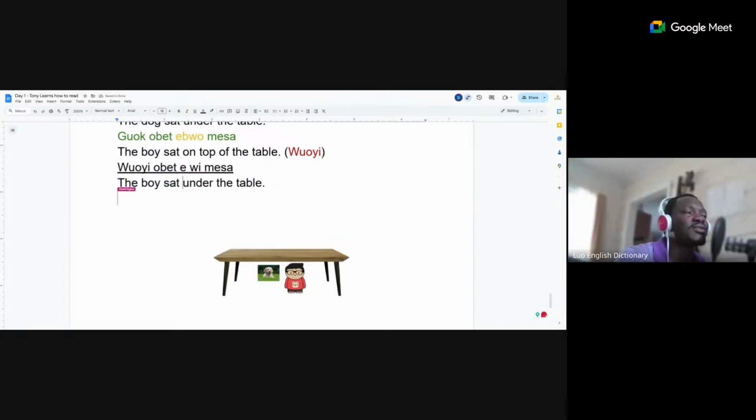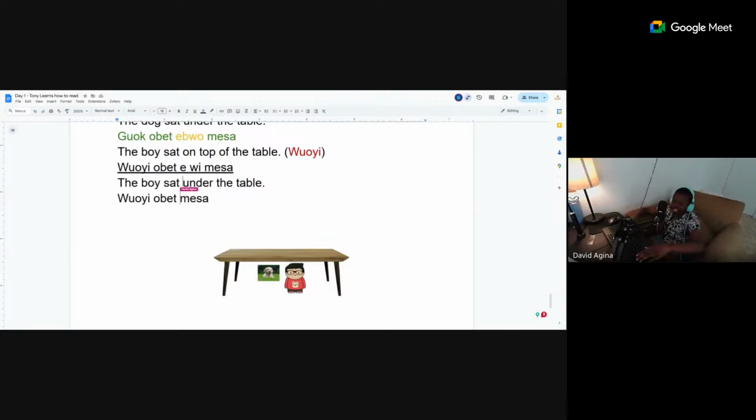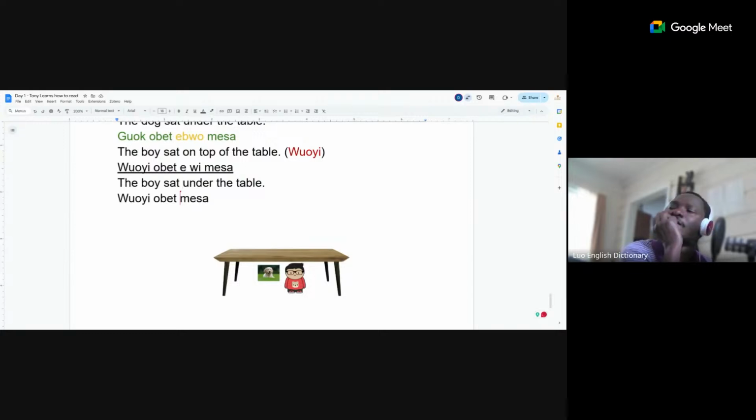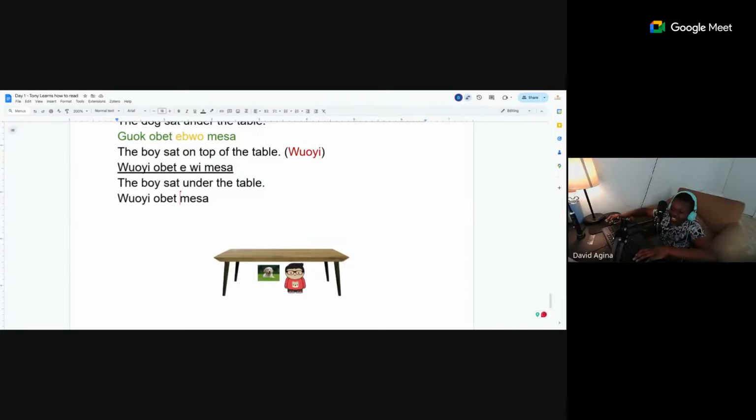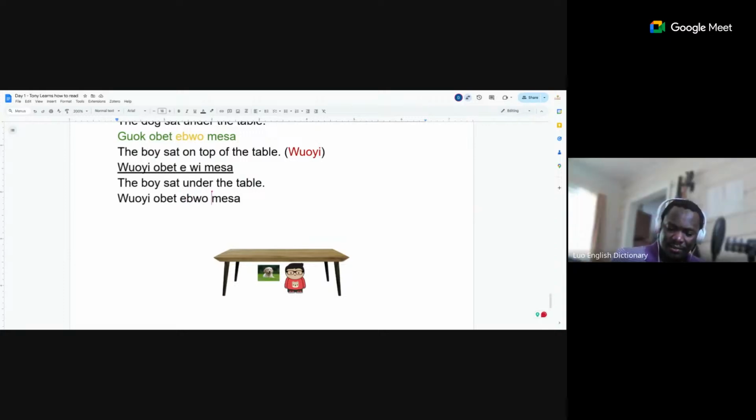Yes, we just want the same structure and then change it now. So the boy is sitting under the table.